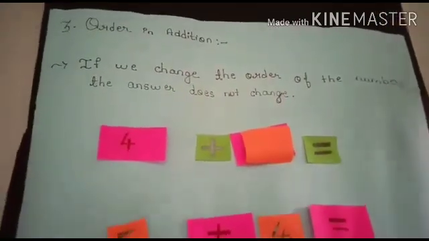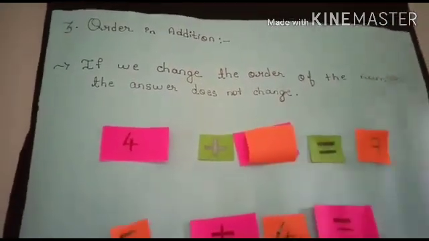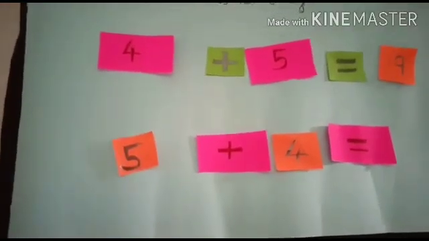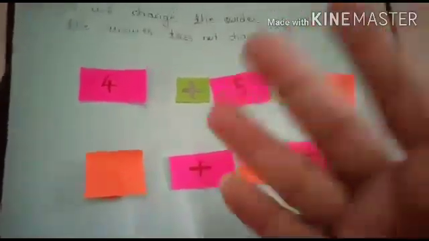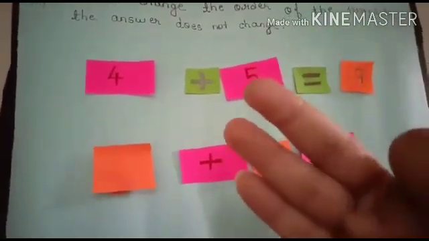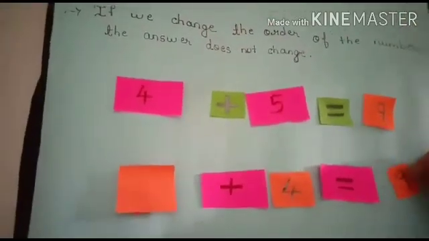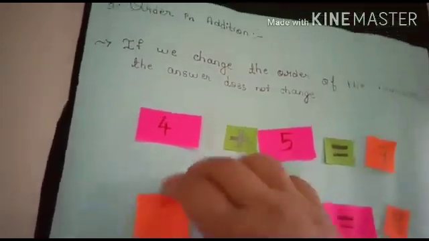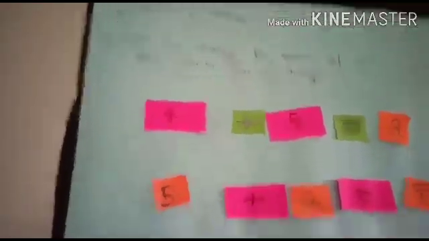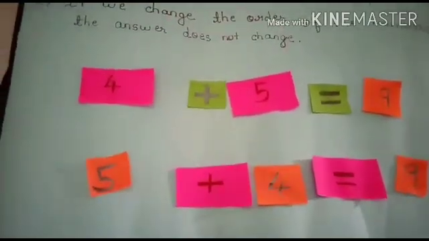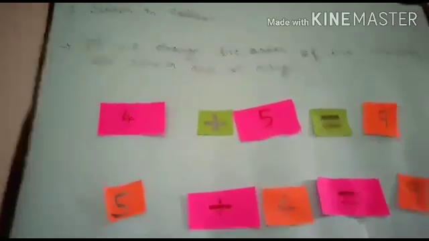So what will be the sum? 9. Now the same way we are going to do it for this one. Here again we will hide the bigger number 5 and 4 in my fingers, 6, 7, 8, 9. So what is the sum? 9. So now you understood, children, whether we write 4 plus 5 or we write 5 plus 4, the sum will not change.